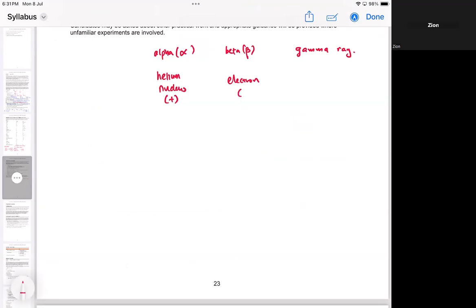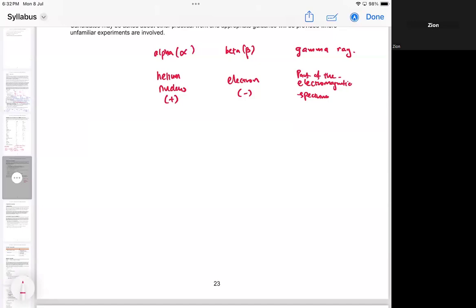Beta is an electron, so this is minus. Gamma rays are just part of the electromagnetic spectrum. Then the other two points stated in the syllabus are ionization and penetrative power.